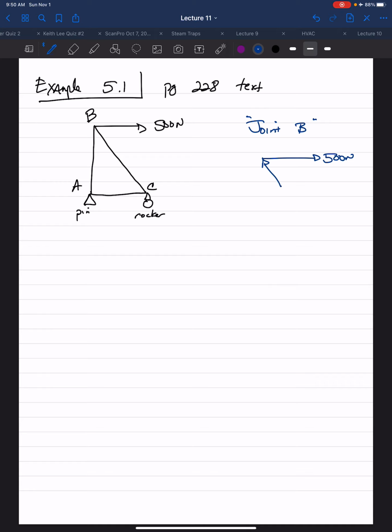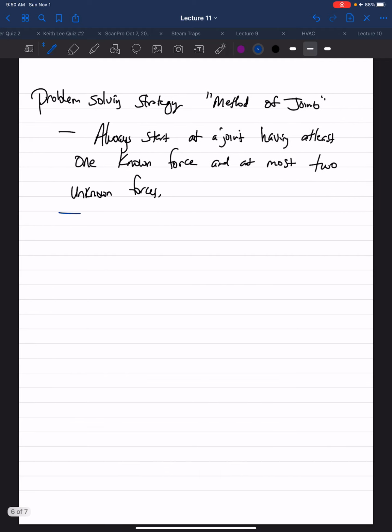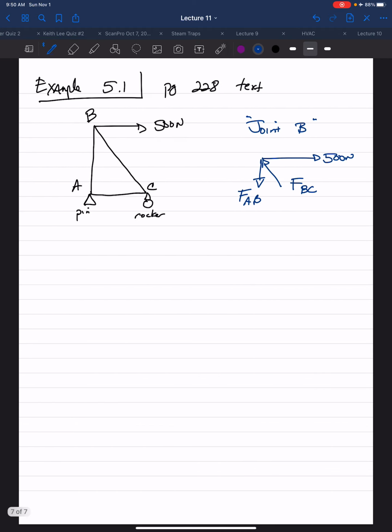We have FBC, which is unknown, and we have FAB, which is unknown. So we have one known, two unknowns. And our rule is always start at a joint having at least one known force and at most two unknowns. So we can work here.